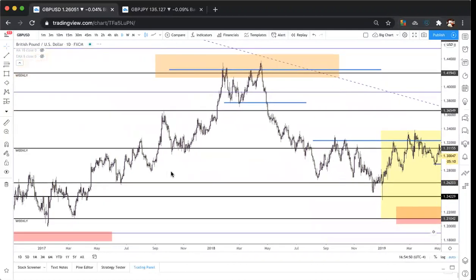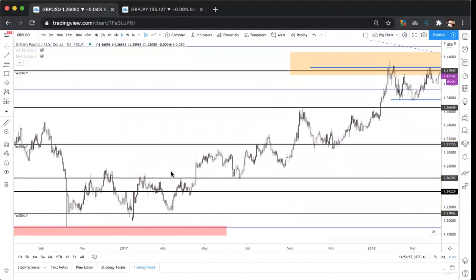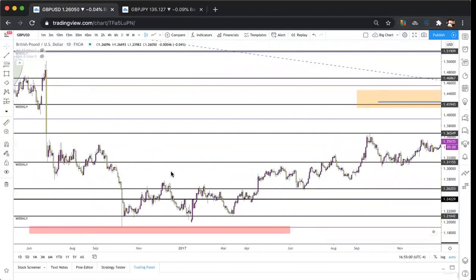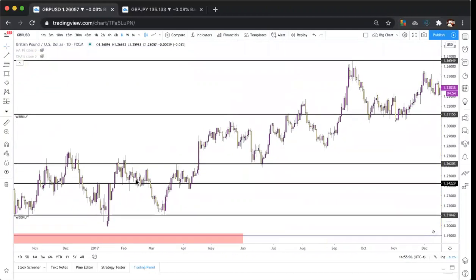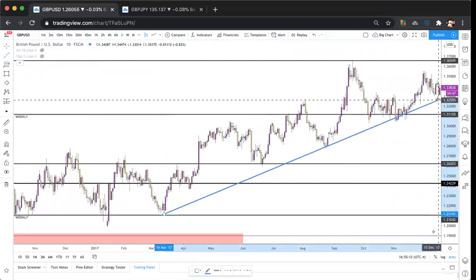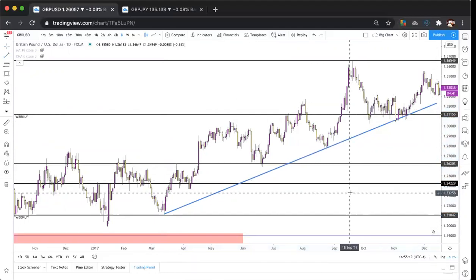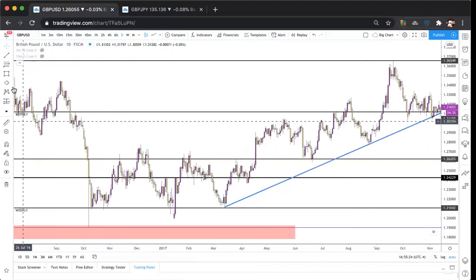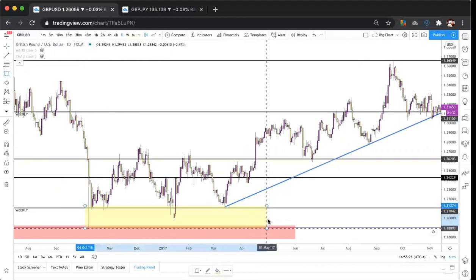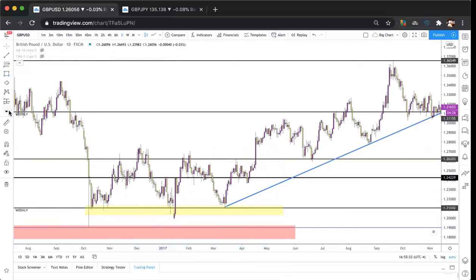So for instance, being able to understand that, okay, I have a weekly support that hasn't been broken along this area, right?